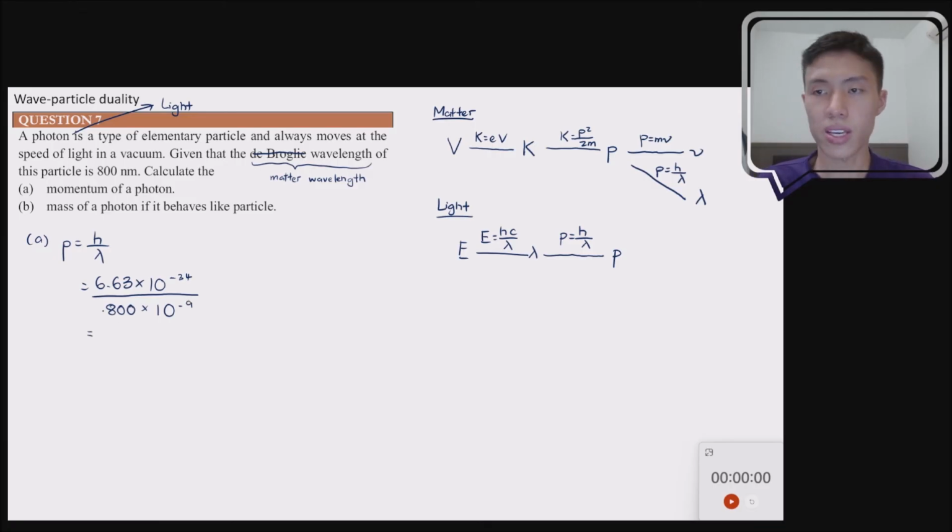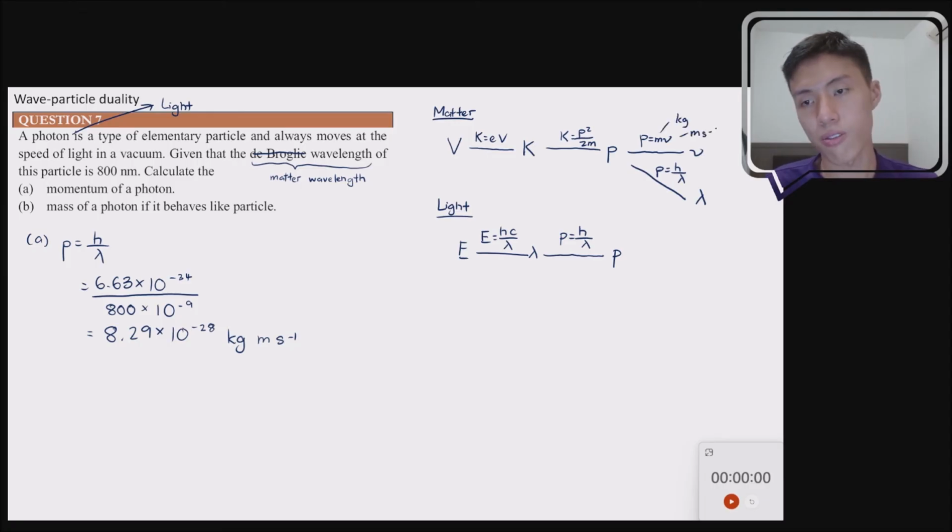From here we can get our momentum to be 0.29 times 10 to the power of negative 28. The unit for momentum is kg m s negative 1, you can derive it from here.